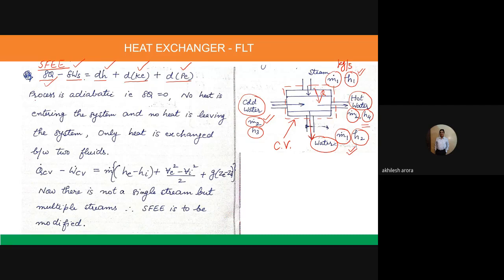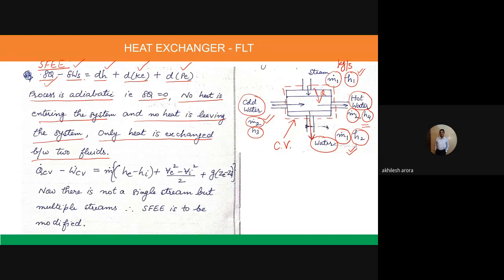Okay, so I told you the process is adiabatic. That is, the value of delta q is 0. No heat is entering the system and no heat is leaving the system. So that is the first condition. Only heat is exchanged between two fluids. So I hope this is clear.